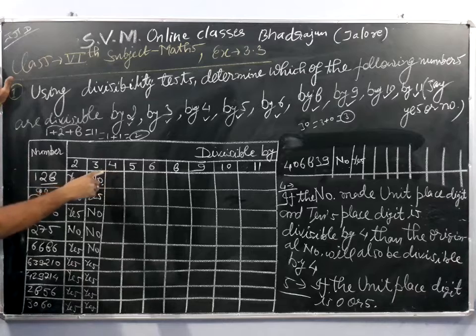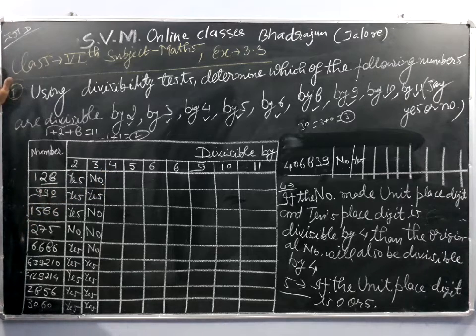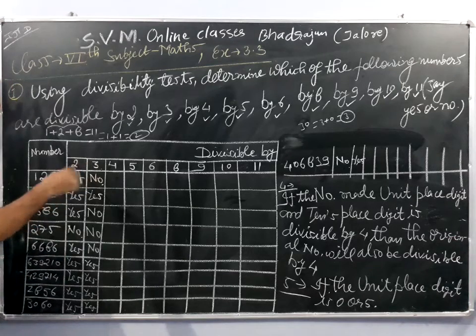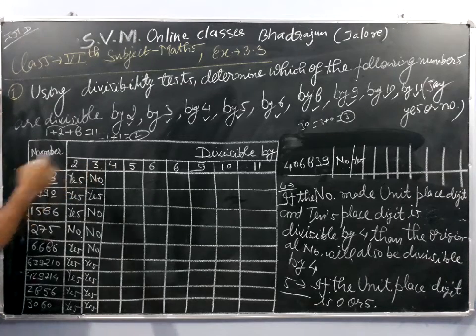So let us count the table of 4 for 28. 4 1 is 4, 4 2 is 8, 4 3 is 12, 4 4 is 16, 4 5 is 20, 4 6 is 24, 4 7 is 28. Here we are seeing 4 7 is 28, hence 28 is divisible by 4.